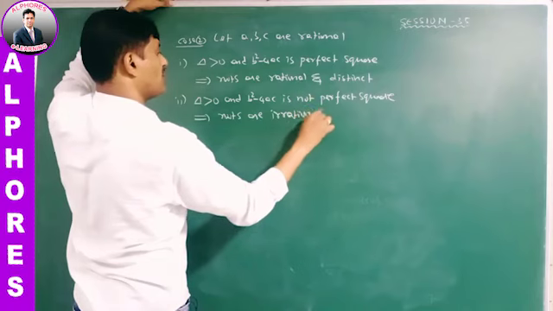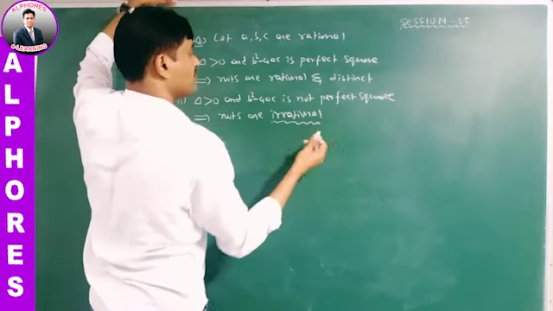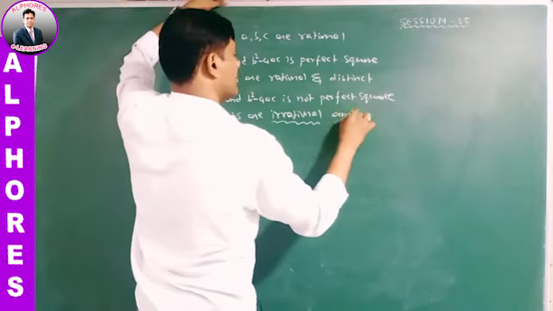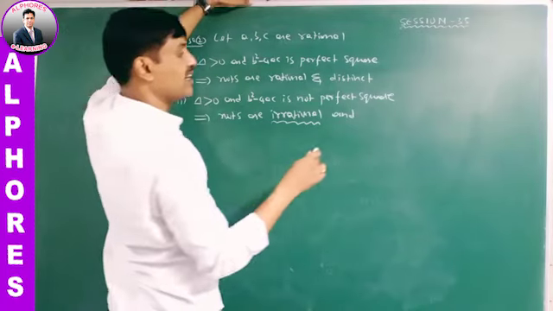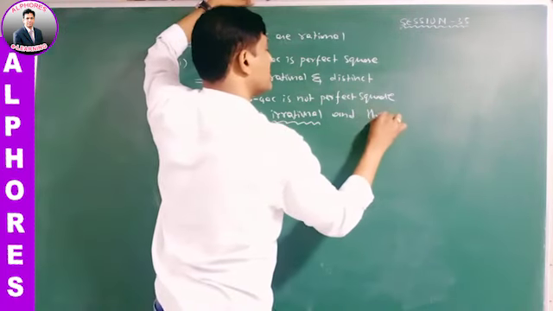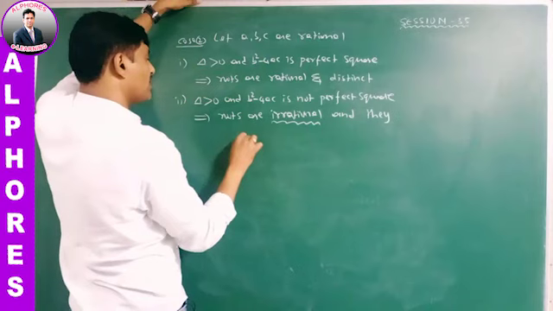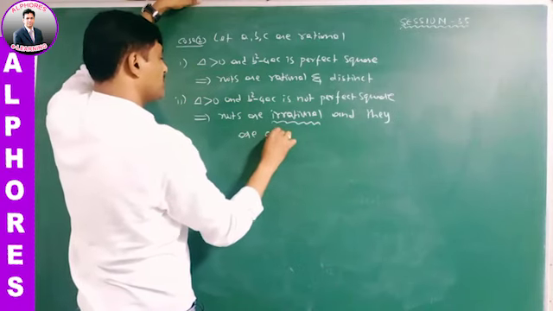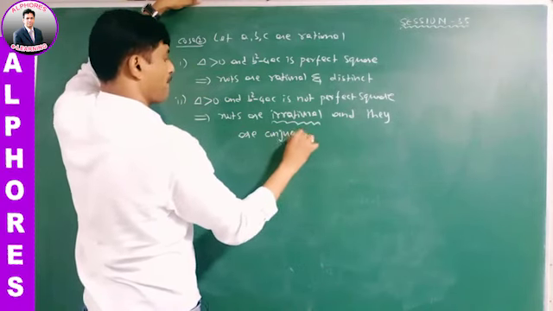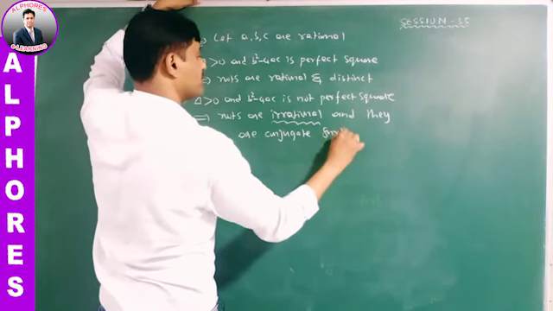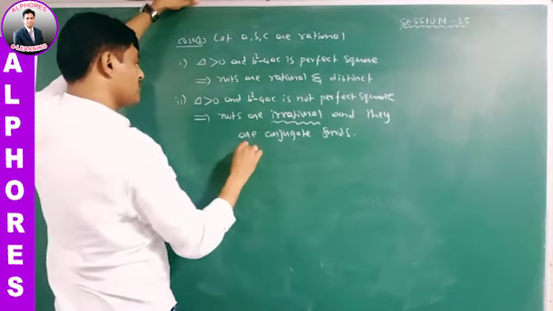Roots are irrational and they are conjugate sets. What is the meaning of conjugate set?